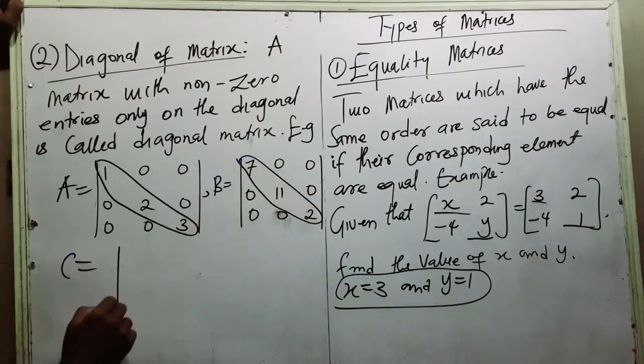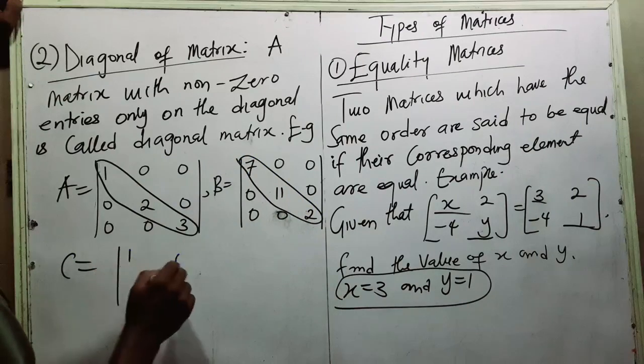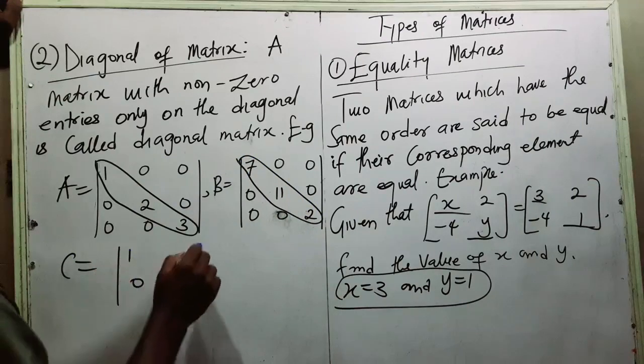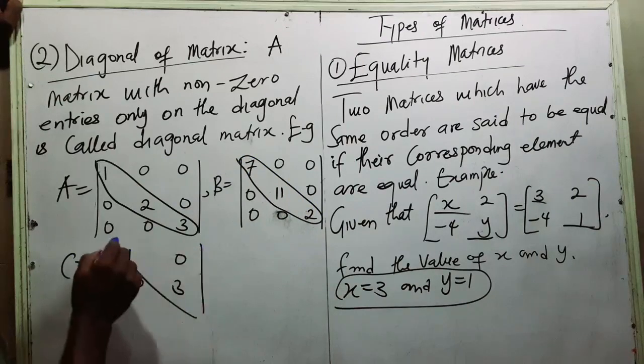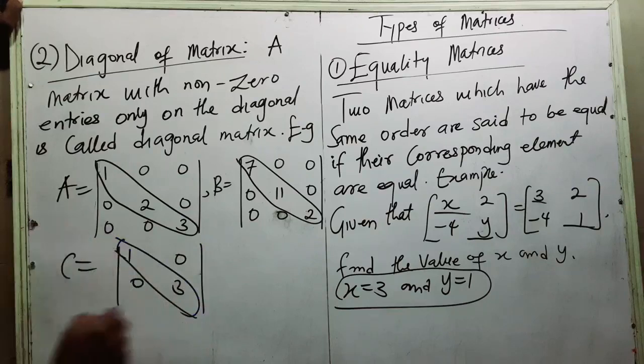We can also have a 2 by 2: 1, 0, 0, 3. So this is also a diagonal matrix. That is what makes it a diagonal matrix, because a matrix with non-zero entries only on the diagonal is called a diagonal matrix.